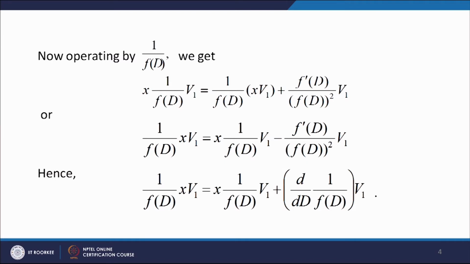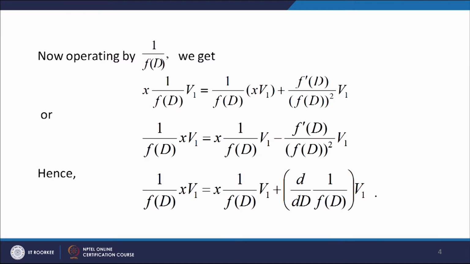Now, let us write the value of 1 over F(D) xV1 from here. So, 1 over F(D) xV1 is x times 1 over F(D) operating on V1 minus F'(D) over F(D) whole square operating on V1.